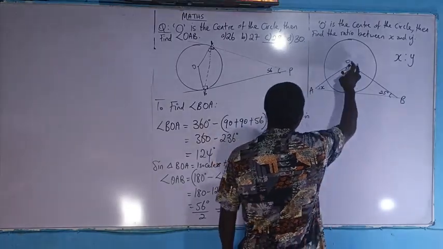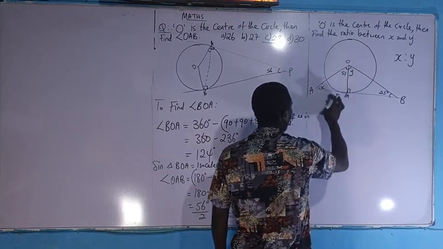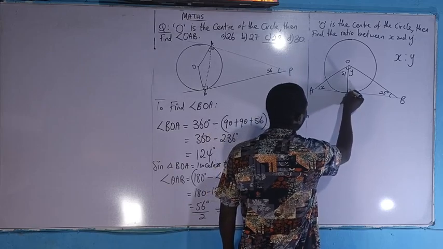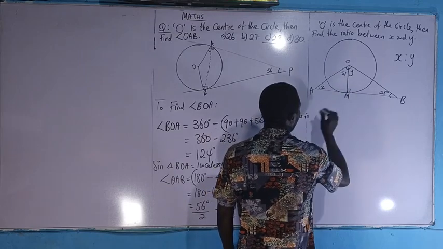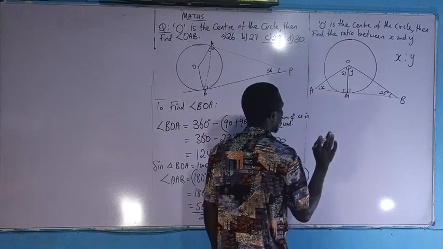Now look at this triangle here, AOM. This is a triangle. Since we know that here is 90 degrees, this place will also be 90 degrees.